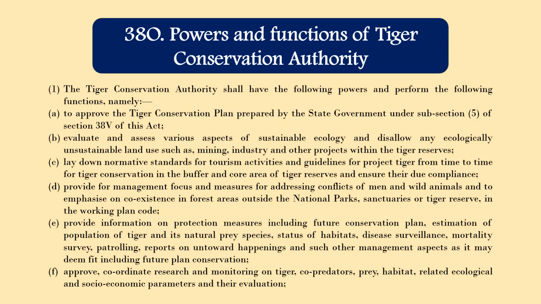So in this section 38O, the act actually discusses the powers and functions of Tiger Conservation Authority. So here are some of the powers and functions given to the authority for the smooth running.